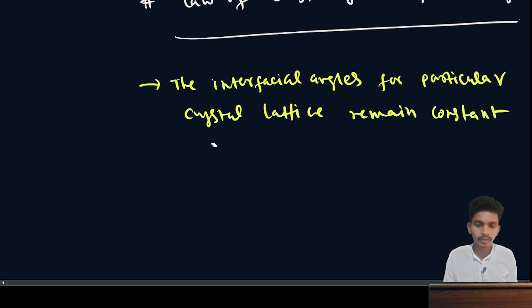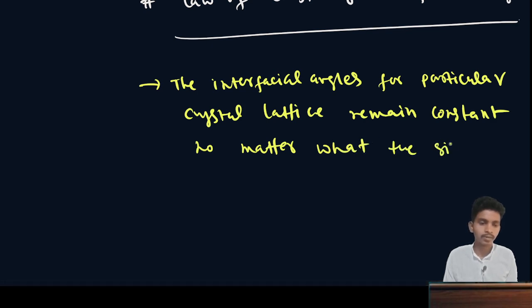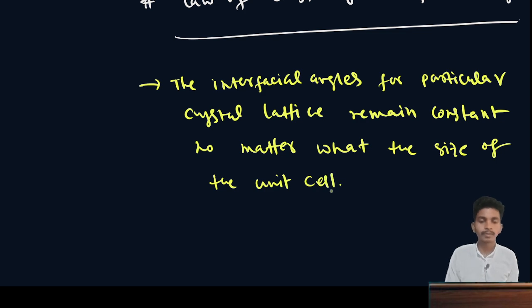No matter what the size of the unit cells. It means that this interfacial angle, if that is let's say 90 degrees, now if you increase the unit cell, if you increase the crystalline solids, then also that interfacial angle remains constant.